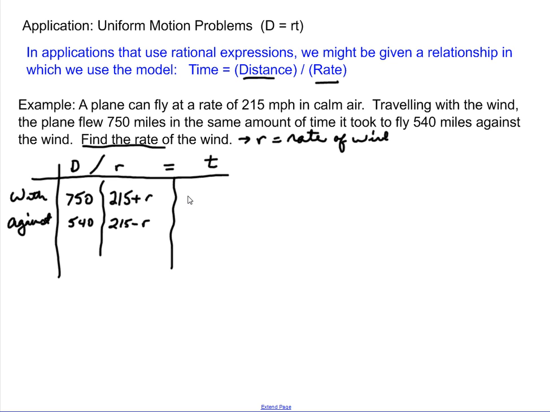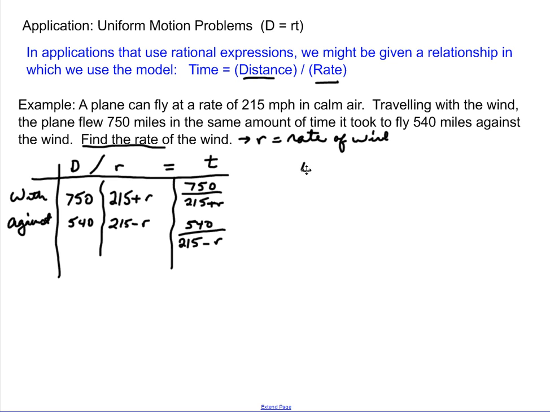Well, that means we actually have two pieces of our information. We've got 750, the distance, divided by the rate of 215 plus r, and we have the distance that the plane flies going against the wind, 540 miles, divided by a rate of 215 minus r miles per hour, where again we're taking away the rate of the wind as we fly into the wind.